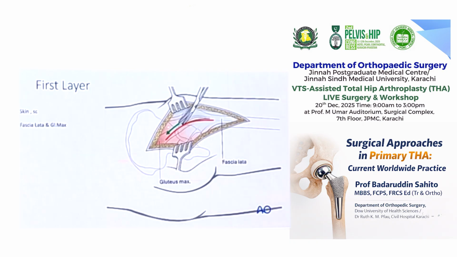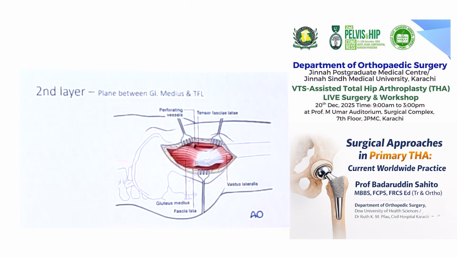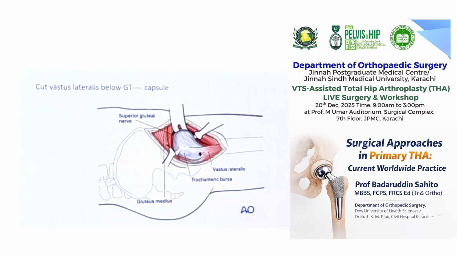Inside, the first layer is the same: skin, subcutaneous tissue, fascia lata, and the gluteus maximus. Split it. But in the second layer, you need to make a plane between the gluteus medius and tensor fascia lata. Sometimes you need to cut the vastus lateralis as well in this approach because it won't allow you to approach the capsule easily.